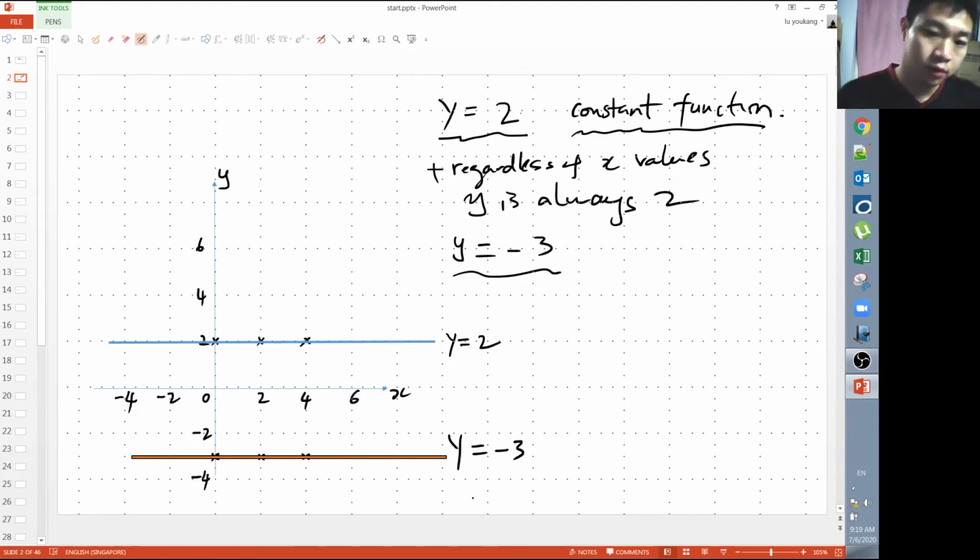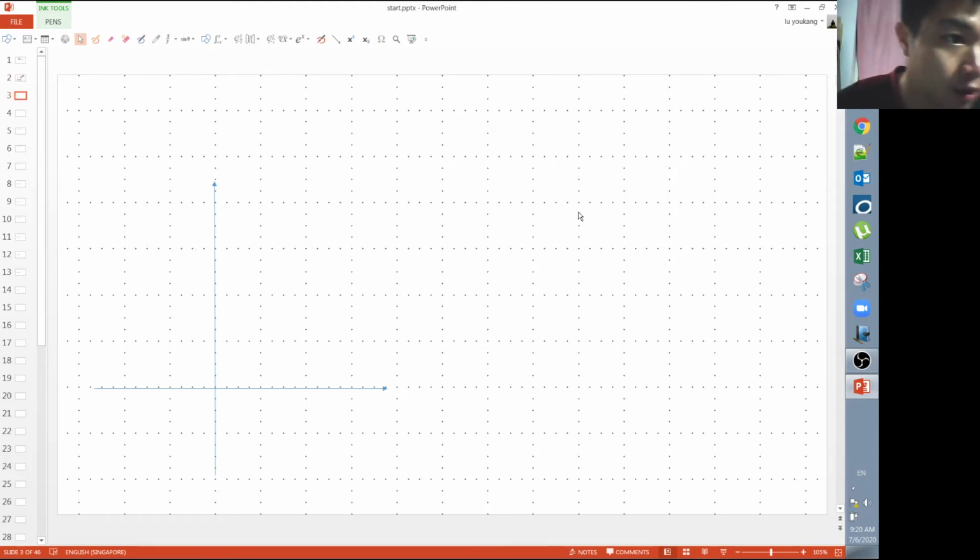Alright, so let me start off with the most basic one first, which is your constant function. Okay, so let me move on. So similarly, you have x and y axis here, and let me label two of them first.